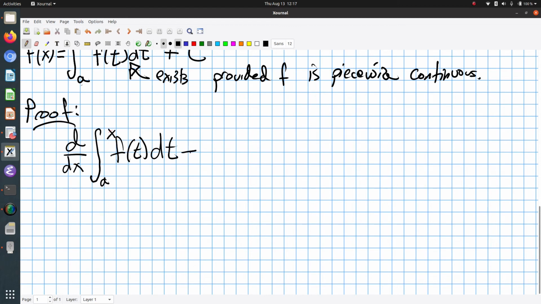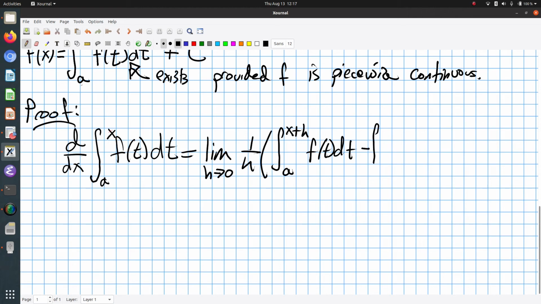I'm going to rewrite this. This is a derivative, so I'm going to say this is the limit as h goes to 0 of 1 over h times the integral from a to x plus h of f of t dt minus the integral from a to x of f of t dt. That's just the definition of the derivative.